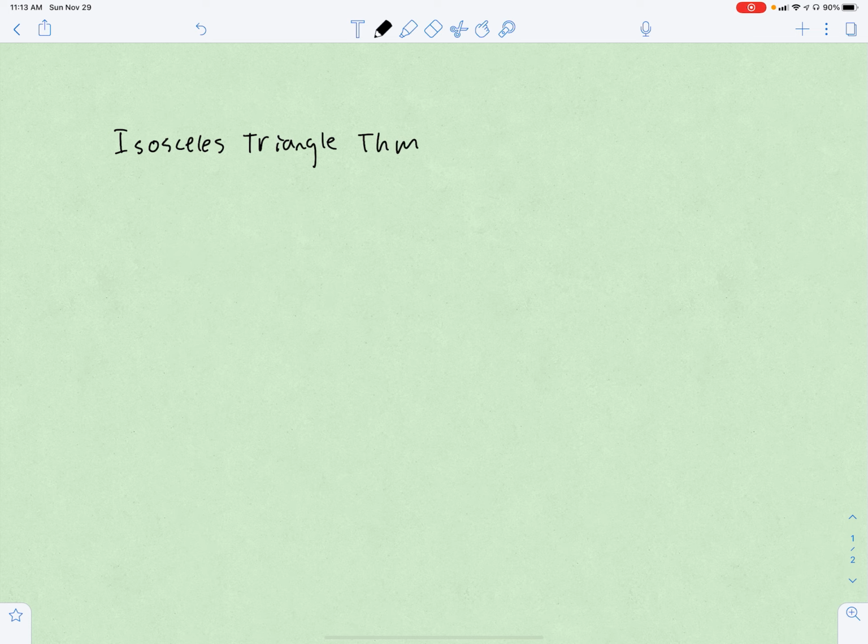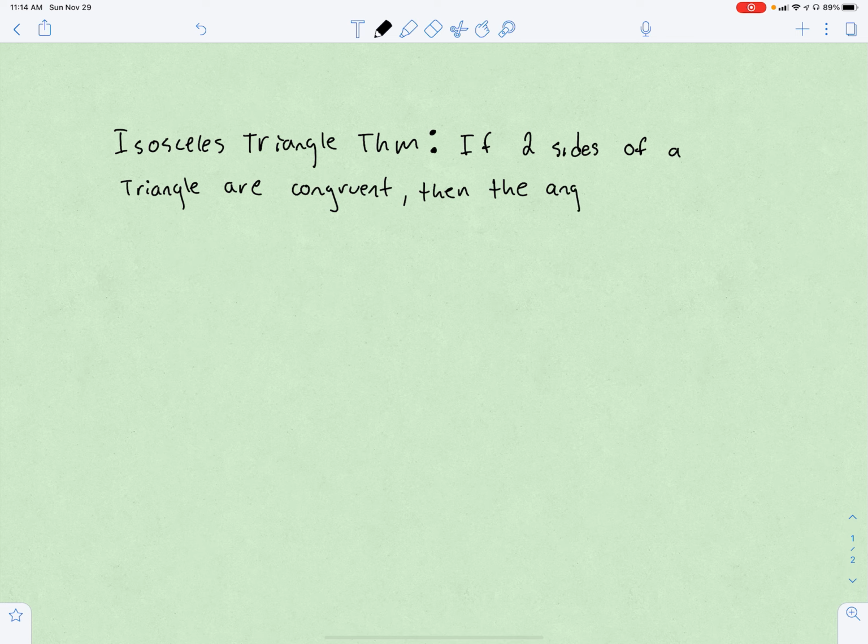So the isosceles triangle theorem states that if two sides of a triangle are congruent, then the angles opposite are also congruent.